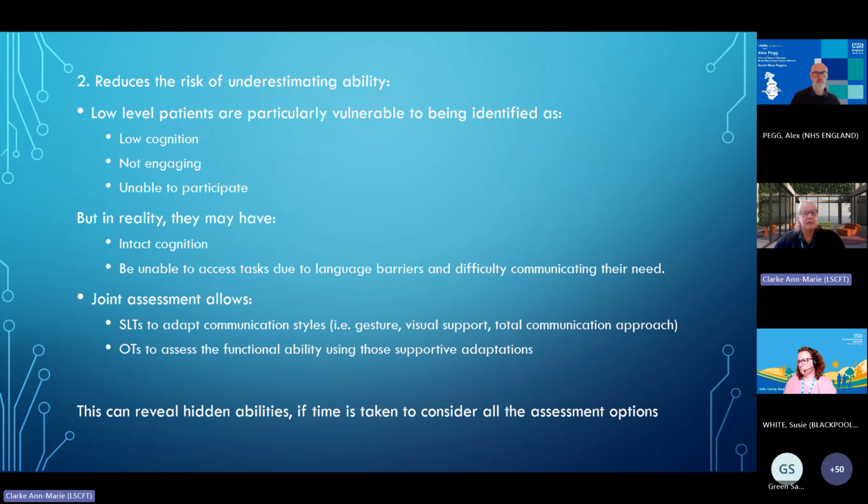So joint assessment allows the SLTs to adapt communication styles, look at gesture, visual support, that total communication approach, while as an OT you concentrate on assessing functional ability using those supportive adaptations from your colleagues. This can reveal hidden abilities if time is taken to consider all aspects of the assessment and the options we can use.